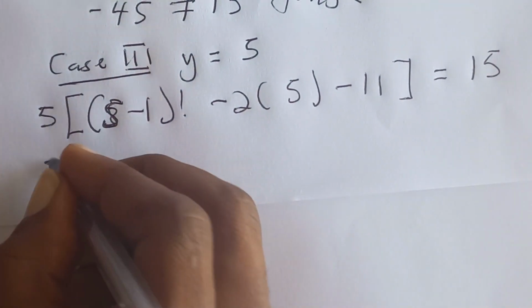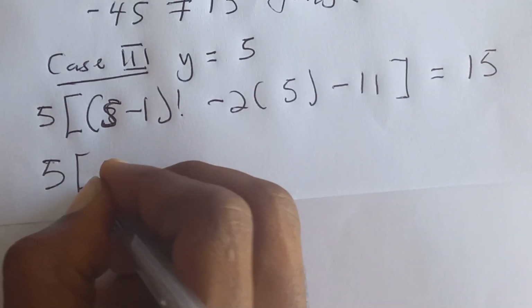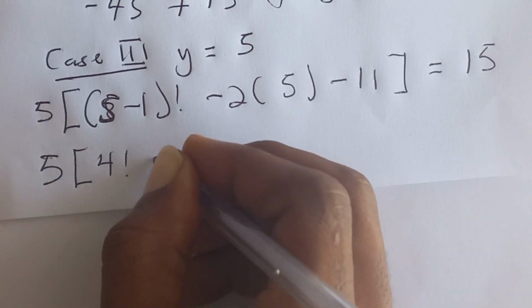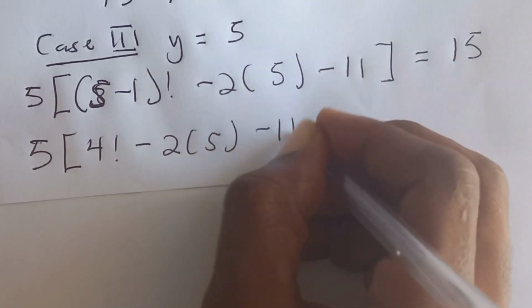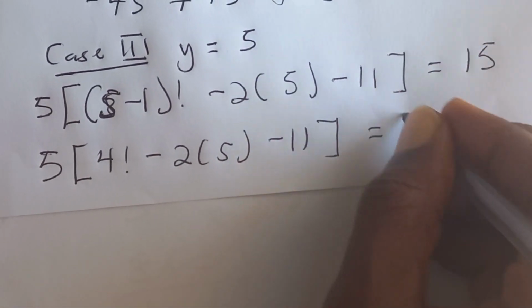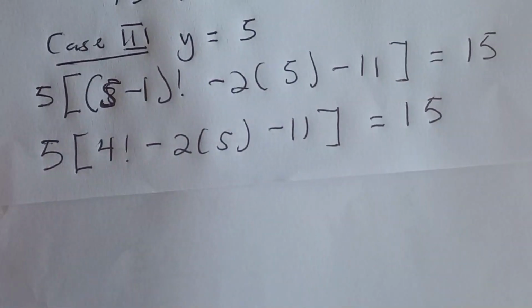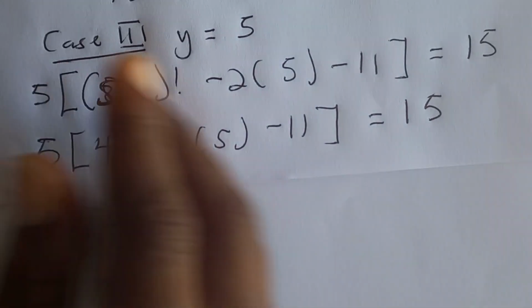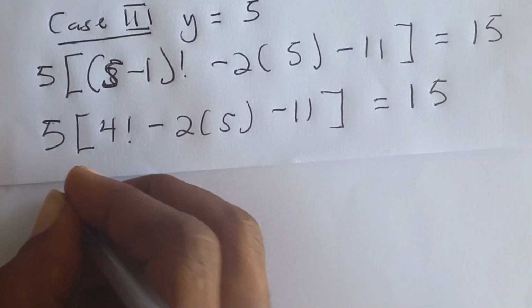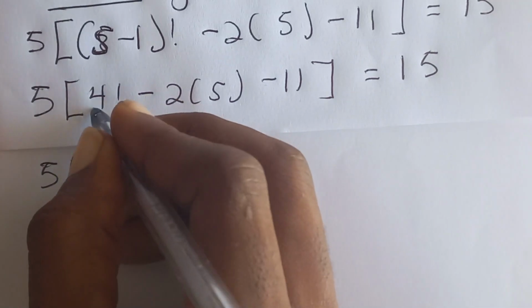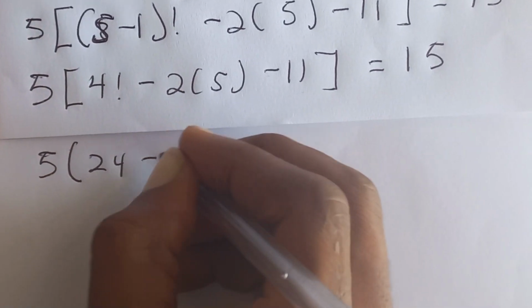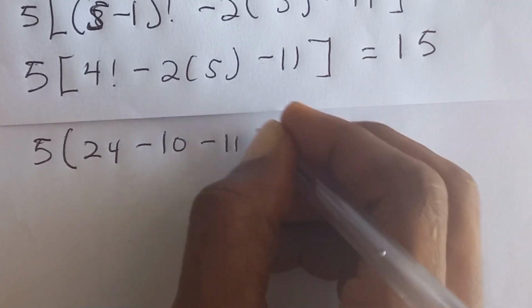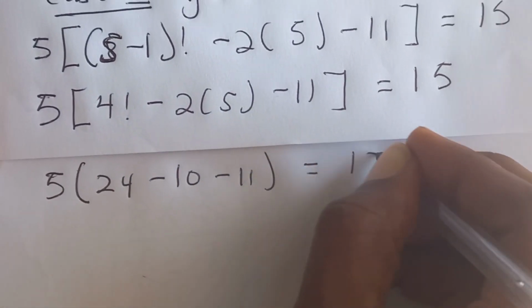So we have 5 times 4 factorial minus 2 times (5 minus 11). Now, 4 factorial is 24. So we have 5 times (24 minus 10 minus 11), and it's equal to 15.